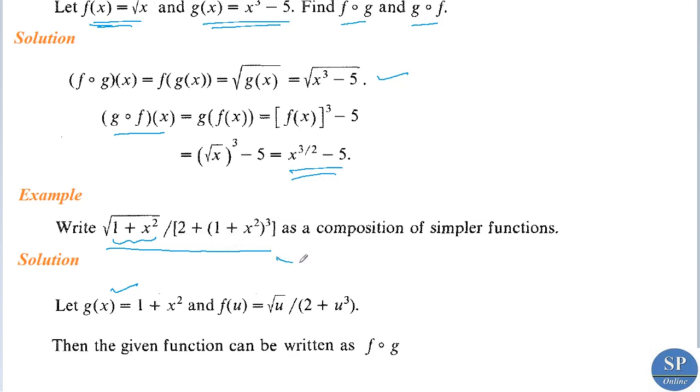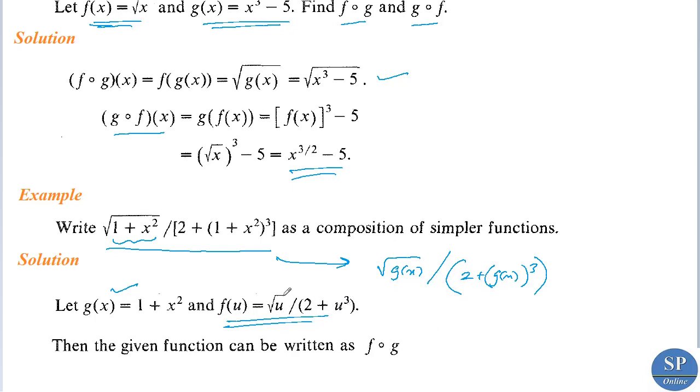Now if we replace square root of u divided by 2 plus u cube as f of u, we can write this as f of g of x.